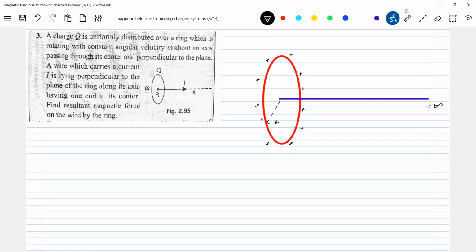This is the charge Q, and it is rotating with omega.